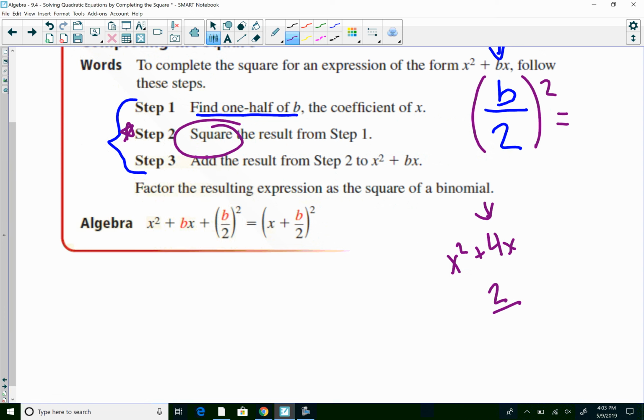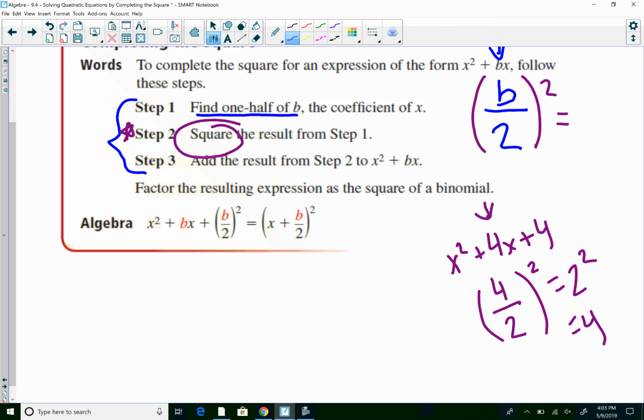So it'll be 4 divided by 2, squared. 4 divided by 2 just turns into 2. So 2 squared would be 4. And then step 3, add the result from step 2. You're just going to take this and add it to the end of it.